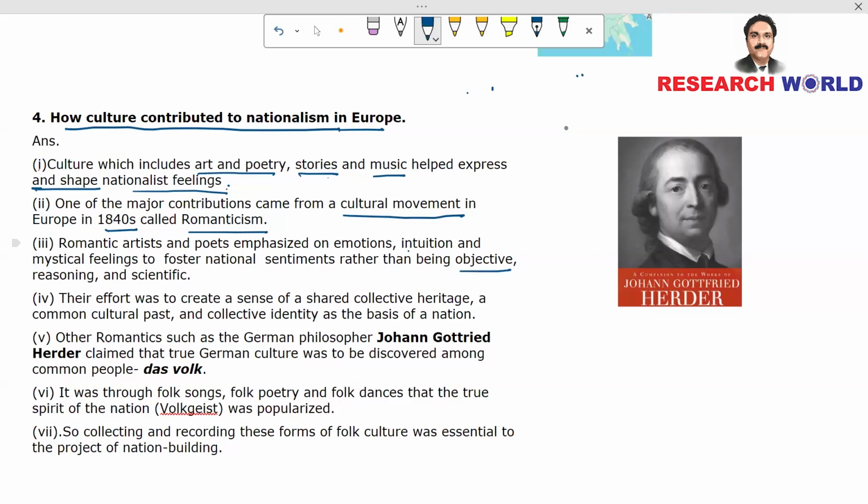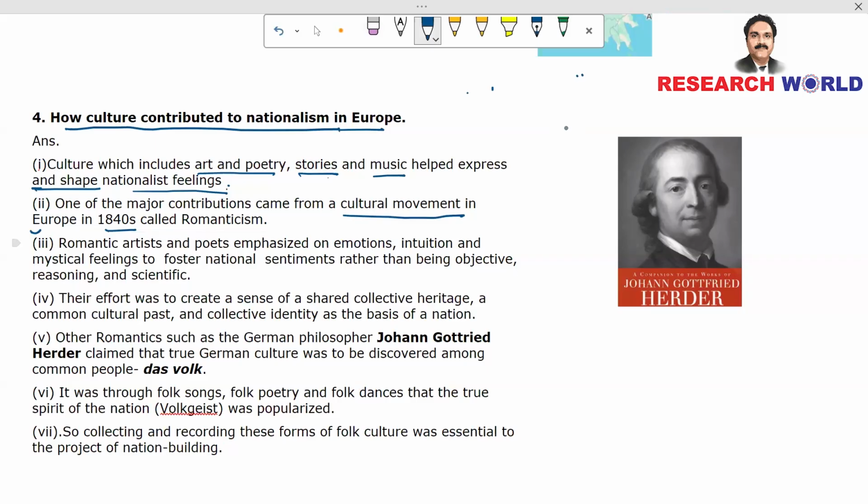Because being objective, reasoning and scientific means that you'll keep doubting every step you take. Instead, they believed that you should get overwhelmed with emotion about your nation. You should crave for your nation and always be emotional. Think emotionally instead of logically. These were the ideas which they propagated.